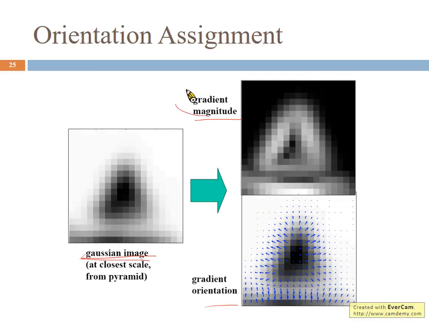Then we calculate the gradient magnitude and the gradient orientation for each pixel. Here we can see that these few pixels have higher gradient, and the direction of the gradient for these pixels points upward. And the next pixels have different gradient orientations.